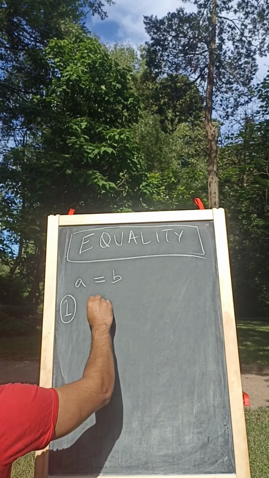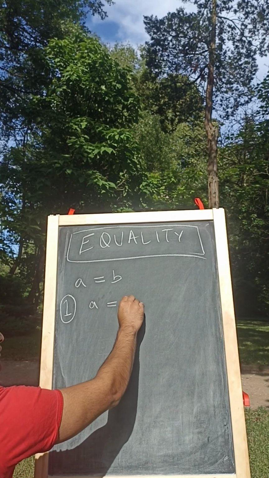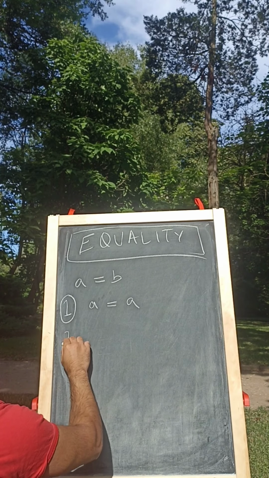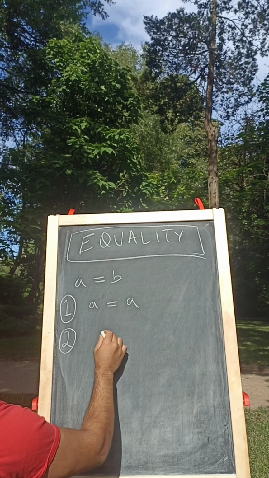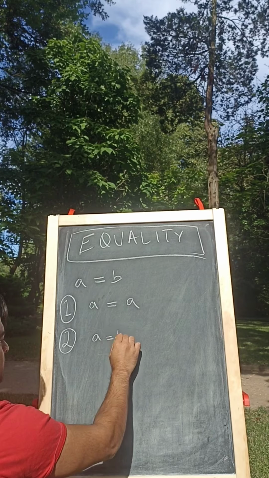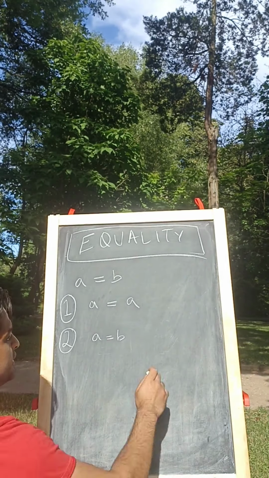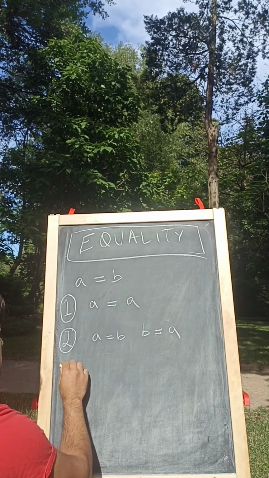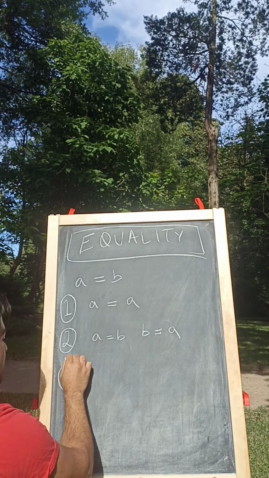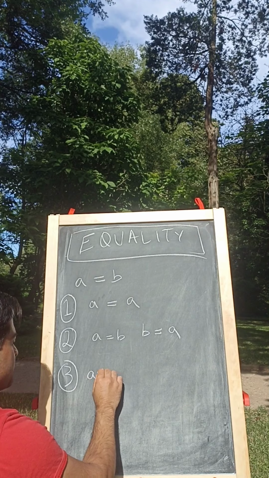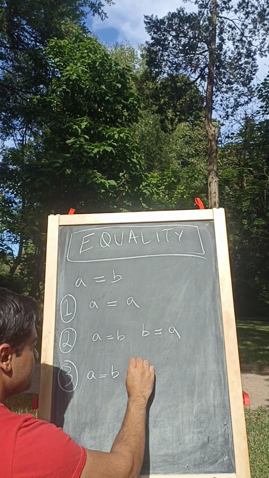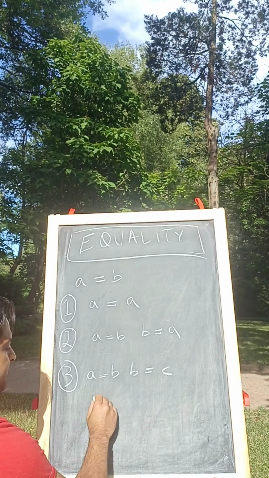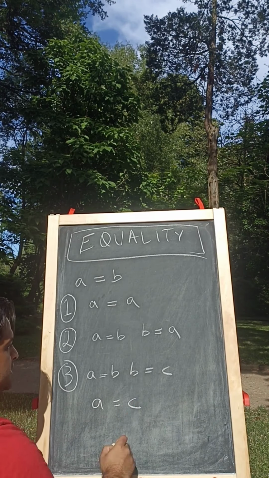So A is indeed equal to A. The next thing is that if A is equal to B, then B is equal to A. That's the second property. The third property is that if we have A equal to B and B equal to C, then we can conclude that A is also equal to C.